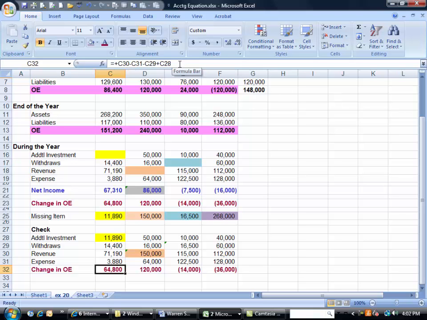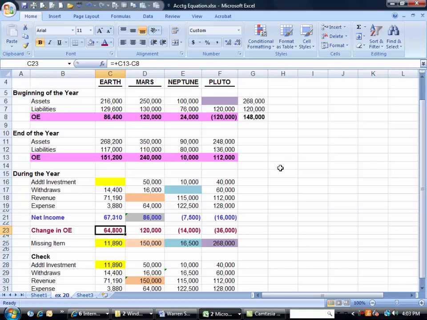If I hit my F2 key just so you can see the math with the color, you can tell that I took revenue less expense less withdrawal plus investments. That number is the same as this change in owner's equity, which is the difference between these two. Okay? Net income is the difference between revenue and expense.